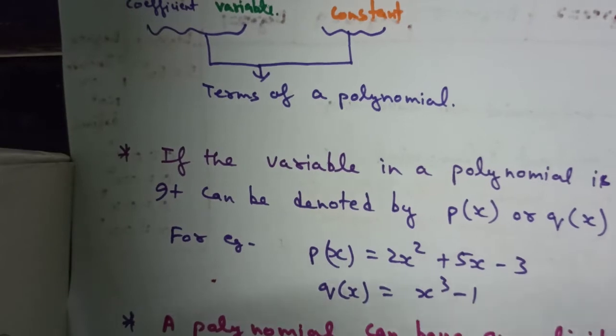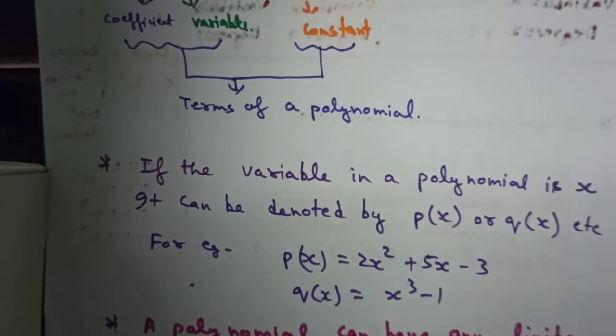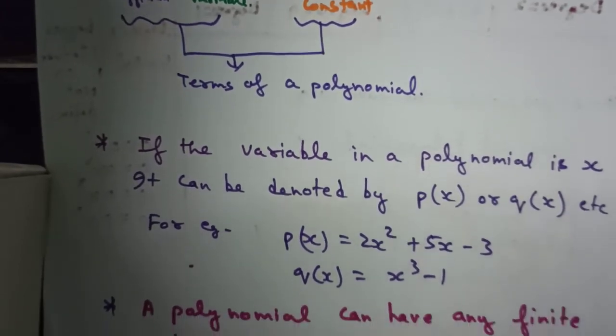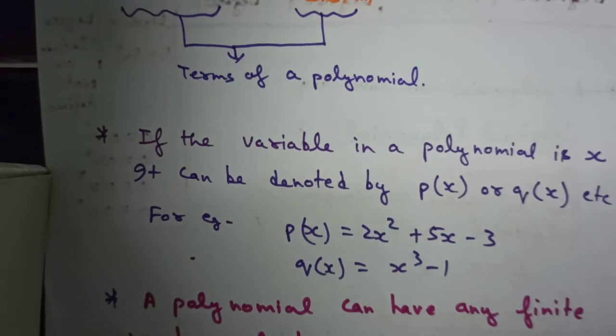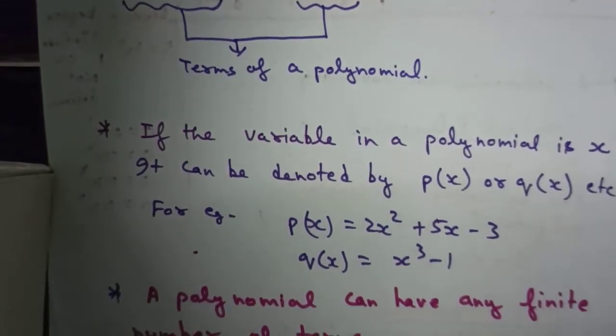Now we move to the second point. If the variable in a polynomial is x, we can write that polynomial as p(x), or q(x), or r(x), like that.